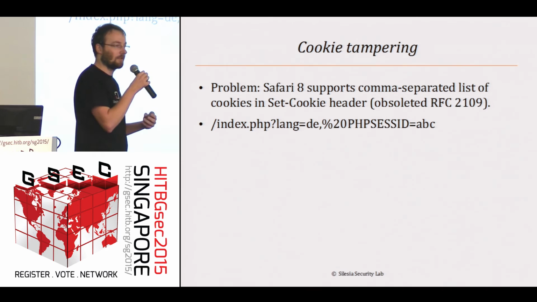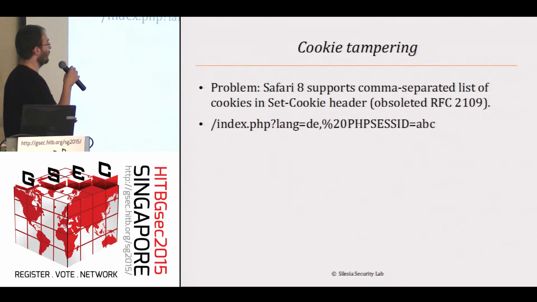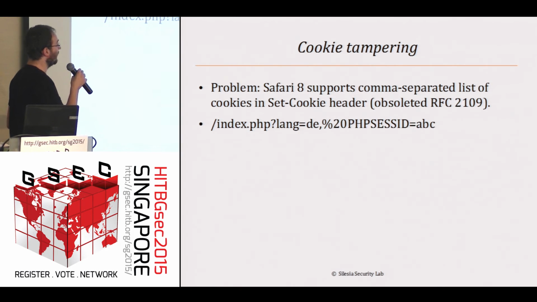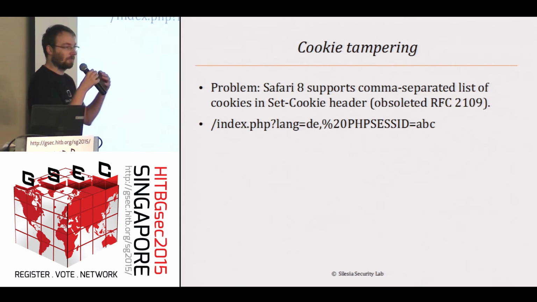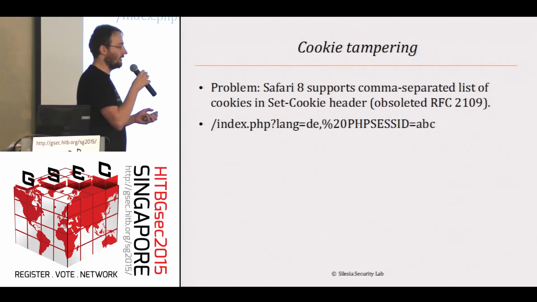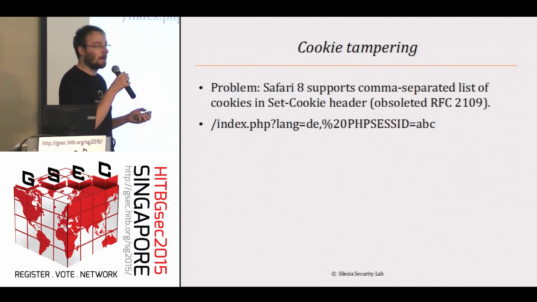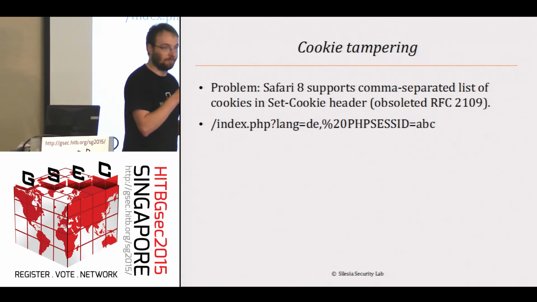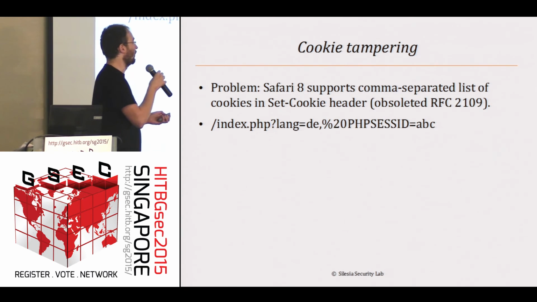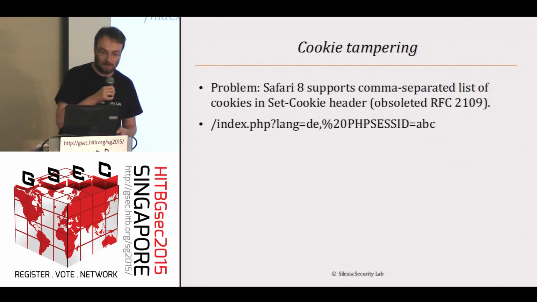Otherwise, we cannot launch this attack cross-origin. But in general, we ask the victim to click a link like this. Of course, we don't have the domain here, but for the purpose of understanding, it's not needed. The victim just clicks this link, and we are able to overwrite the value of an arbitrary cookie in the cookie jar of the user. And this is very, very powerful. We already see that we can do remote cookie tampering.